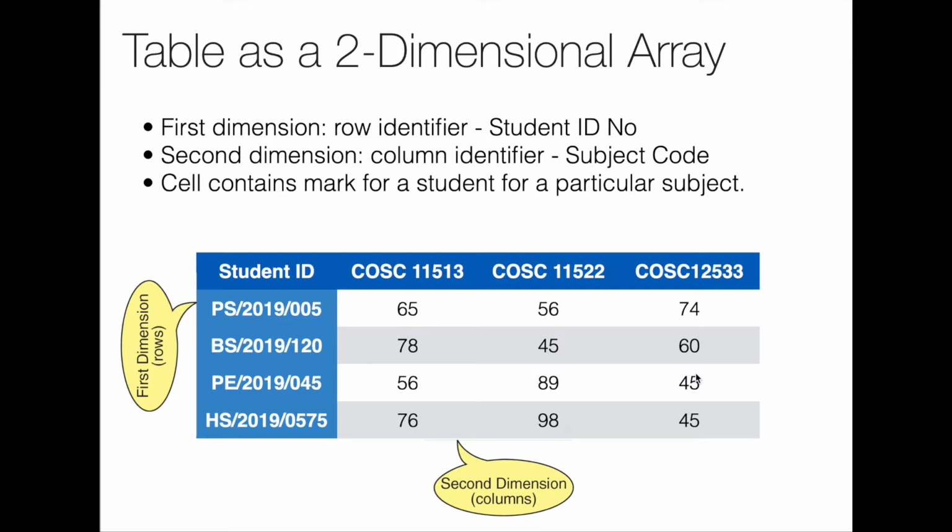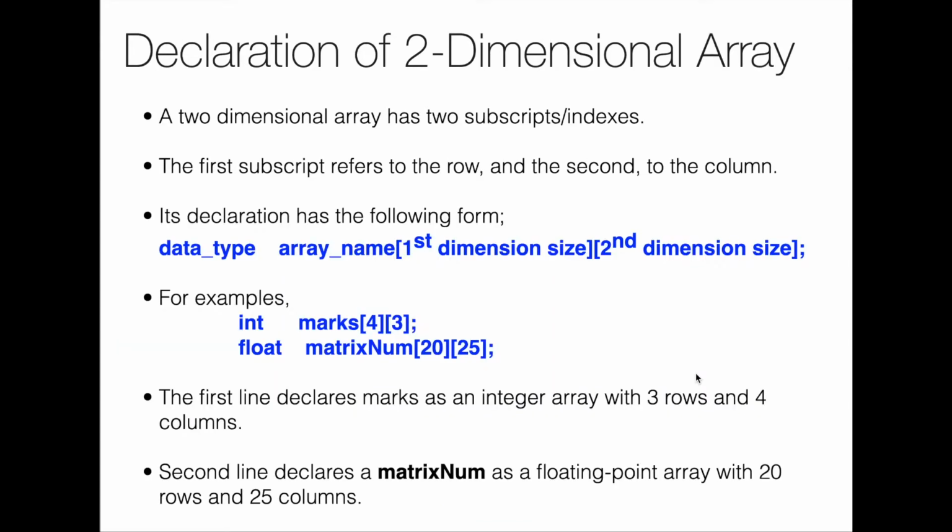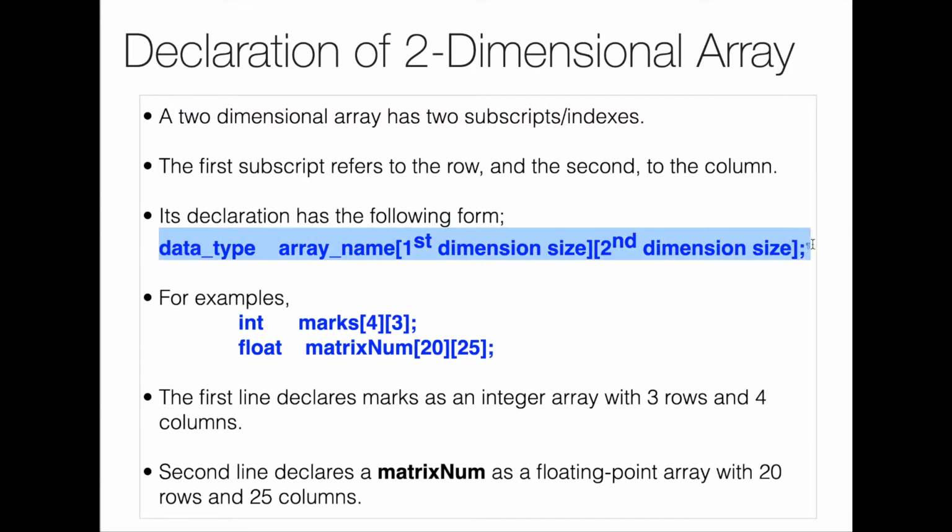So let's look at how we can declare two-dimensional arrays. If you remember the one-dimensional array, when declaring it we need to give the identifier, then within the square brackets we specify how many elements we want to keep in that array. Similarly, we can extend that declaration into two-dimensional arrays. We can use this generic form. First, we need to specify the data type.